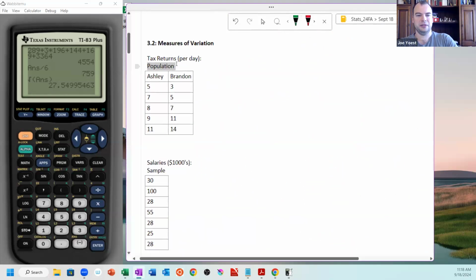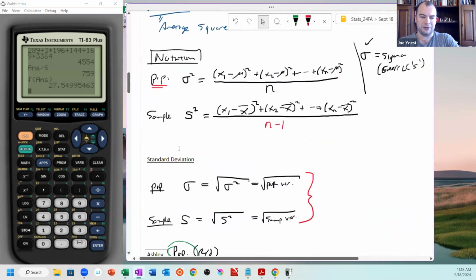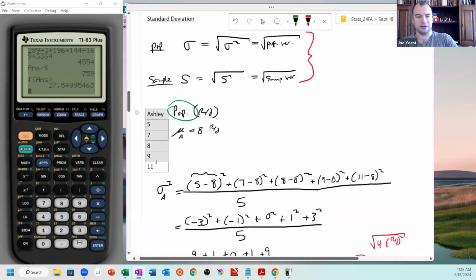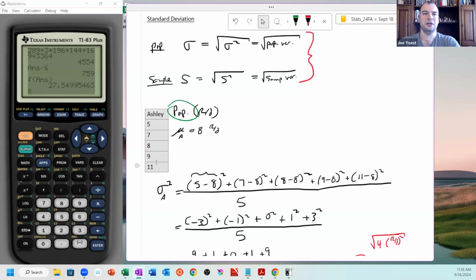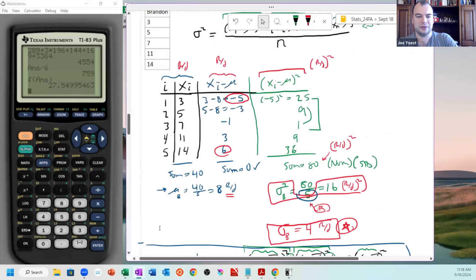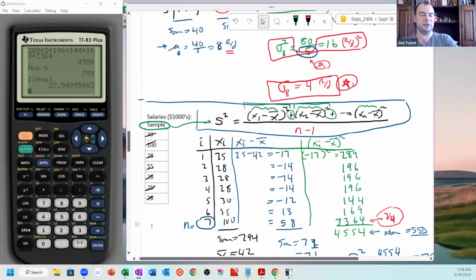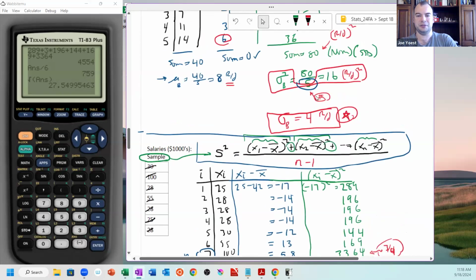If I just said, here are the 5 numbers, go at it, there's no way to tell whether this represents a population or a sample. So you'd have to be told, this is a population, or asked, find the population variance and standard deviation. Once we know it's a population versus a sample, we use n minus 1 in the denominator for a sample, n for a population. Any other questions?